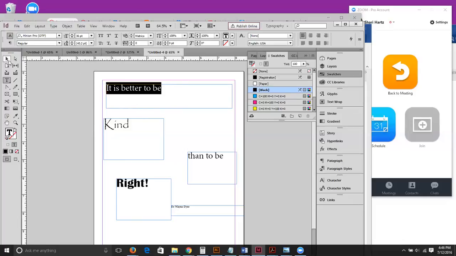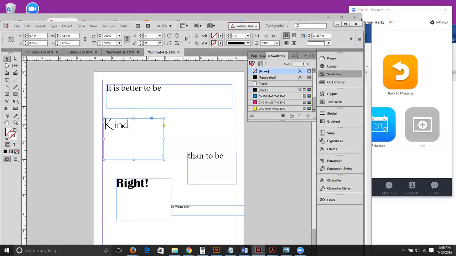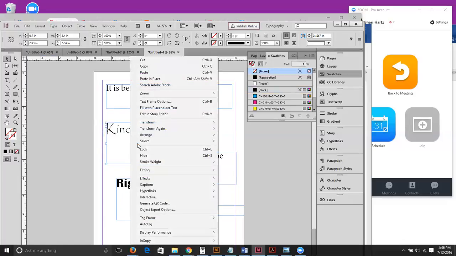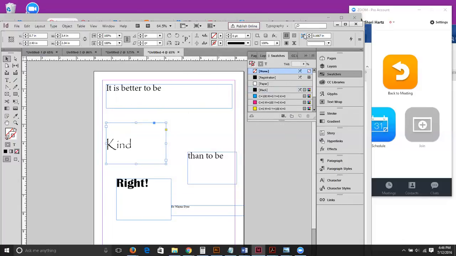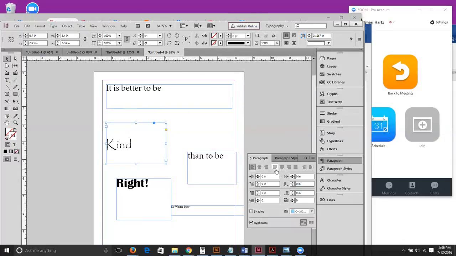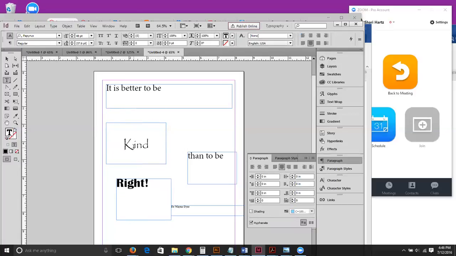All right, here we go. Okay, so let me realign this. Paragraph, center. Make the text be white.